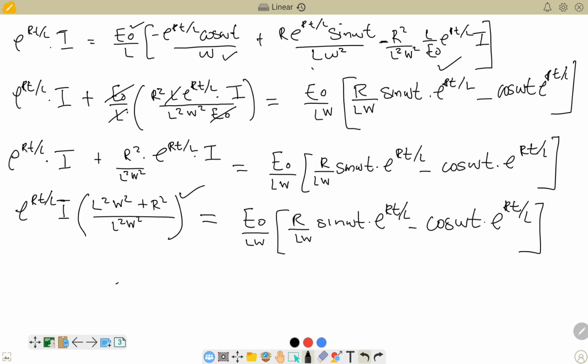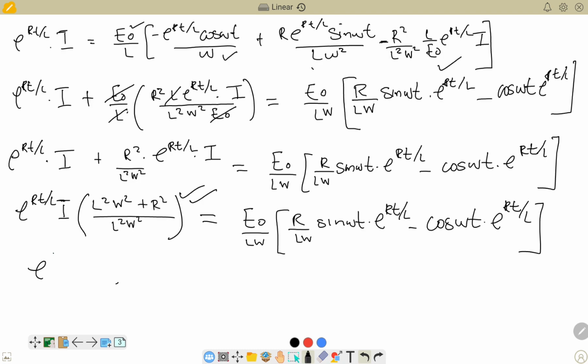So I can divide throughout by that. If I divide by this, I have to multiply the right hand side by the inverse of that.